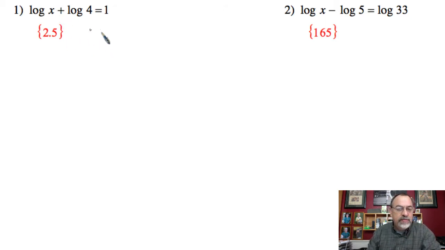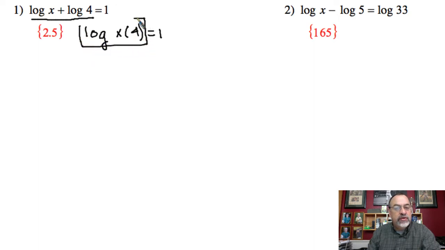So because this is a plus, I can use the product property and change this into log of x times 4, or 4x, is equal to 1. So I apply the property that gets this down to a single logarithm. Now that I have a single logarithm with a variable term in it, now I do the inverse operation, which is to change it to exponential.